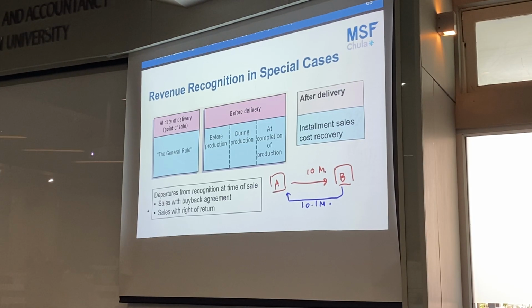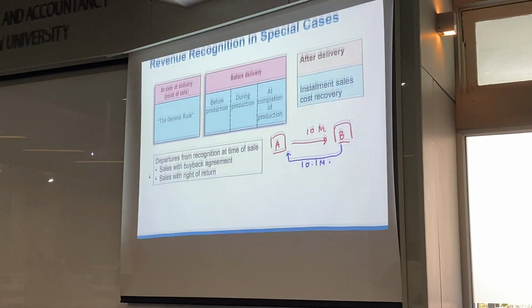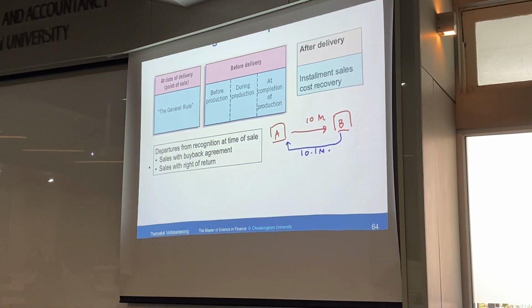Okay. Other than that, there will be a small discussion on revenue recognition in special cases. In the general case, the general rule, we look at the control transferring. So if the company transfers the control to the customer, the company can record the revenue recognition for sure.